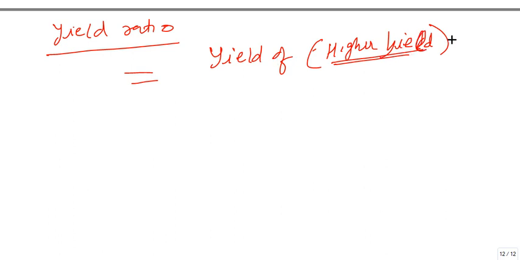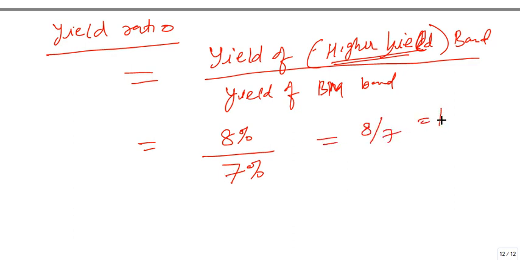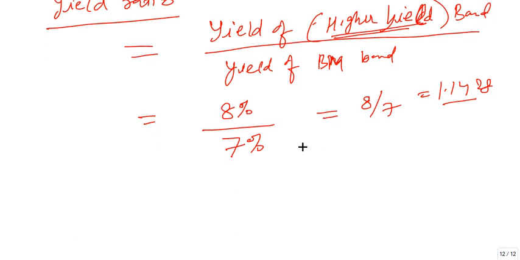Yield of higher yield bond divided by yield of benchmark bond. Yield of higher yield bond is 8%, yield of benchmark bond is 7%. So your yield ratio will become 8 by 7, or 1.1428.